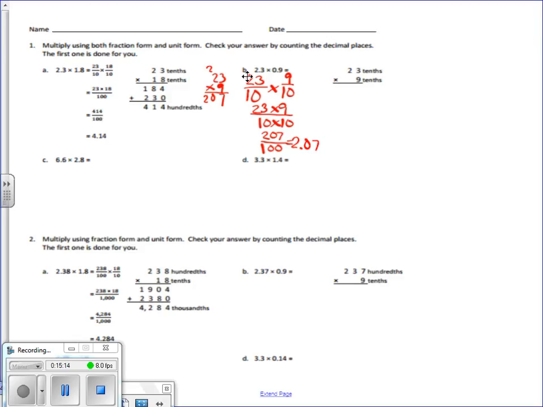Now, if I look at it, this isn't really hard. I don't want to say that it's a whole lot more work, because when I have multiplication like this, where it's double step, it's not that much more work.